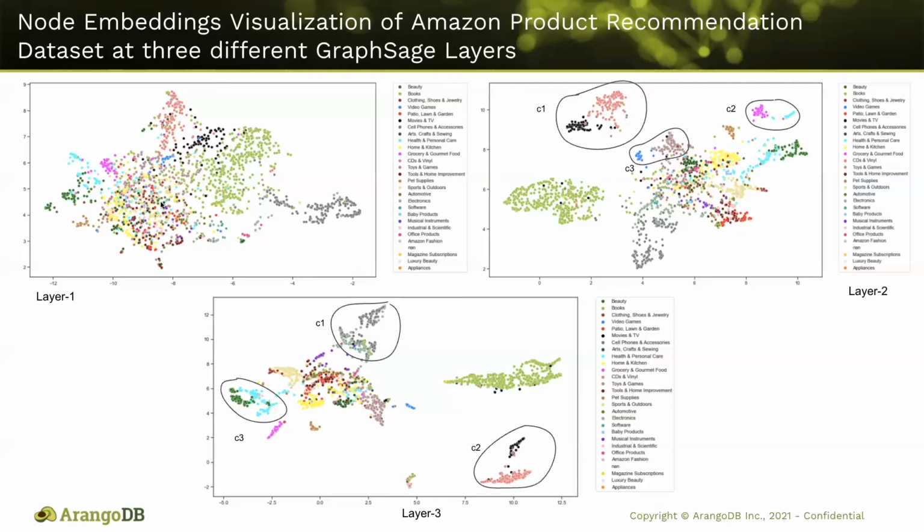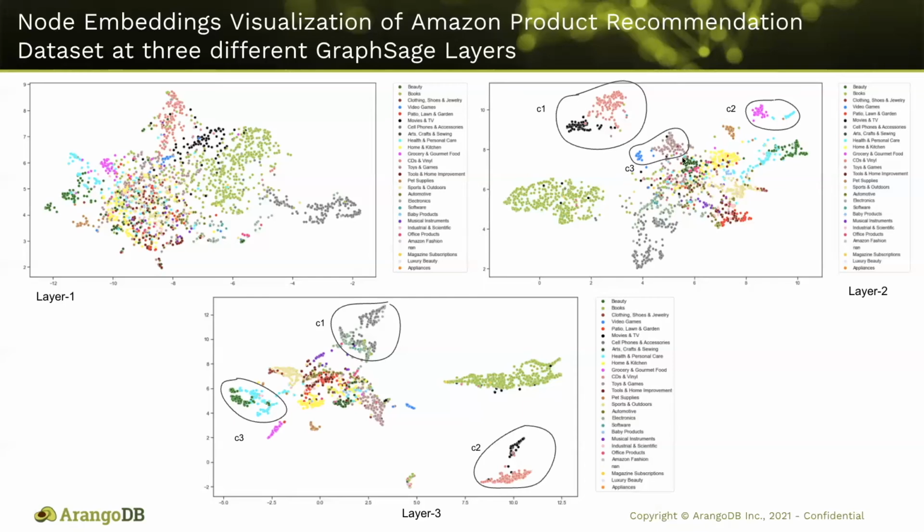For performing the experiments, I have used the GraphSAGE algorithm, which is an inductive graph representation learning algorithm. And this is the visualization of node embeddings at the second layer of GraphSAGE.